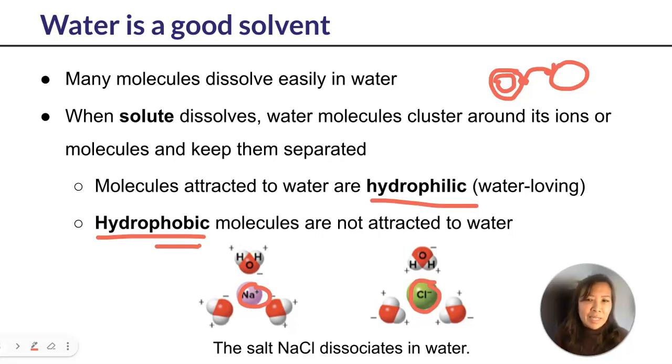So can you think of an example of something that we mix in that's not attracted to water? Think of your salad dressing, right? Vinegar is pretty much water, so vinegar is a water base, is what I should say.